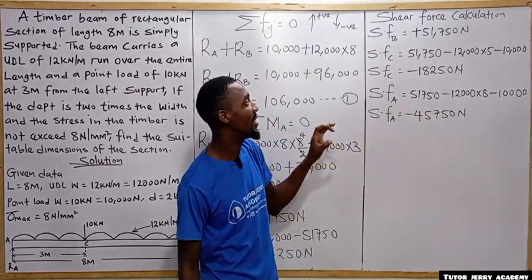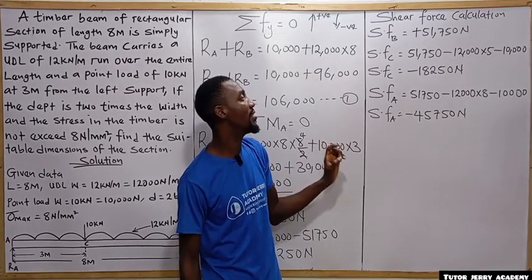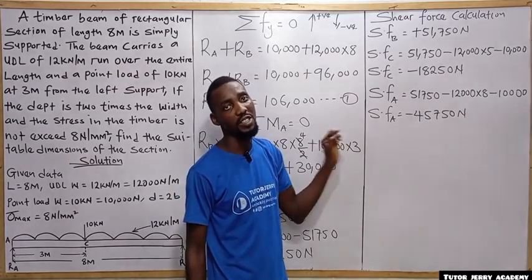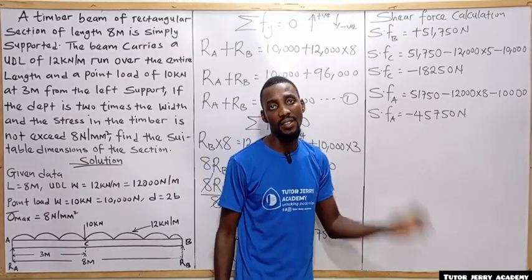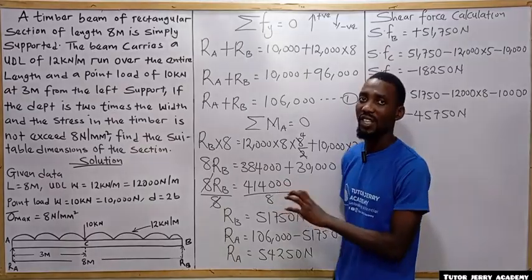So at some section between B and C, we are going to have our shear force equal to 0. At what section is that? We don't know.